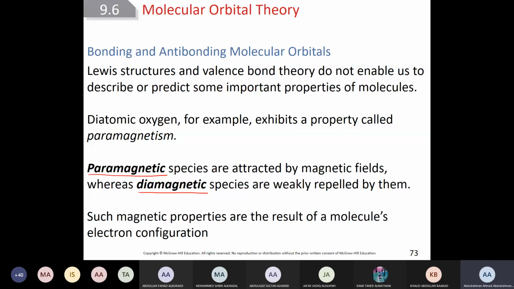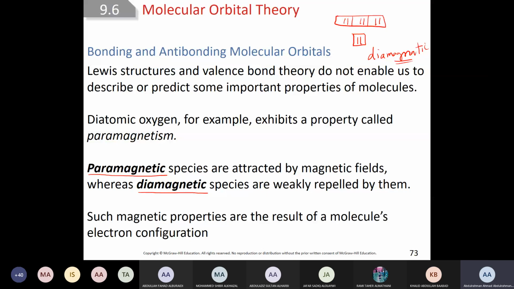Diamagnetic: if you have many rooms, and all the rooms have 2 electrons, or of course are empty, then this is called diamagnetic. And it's not attracted to the magnet.